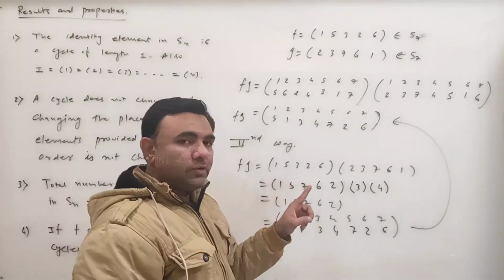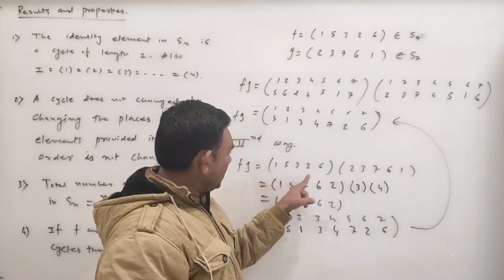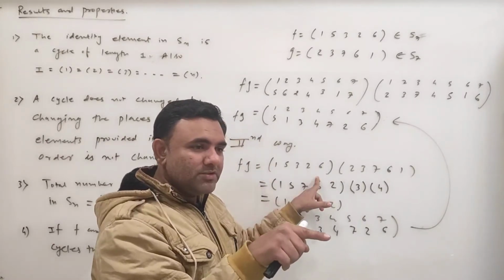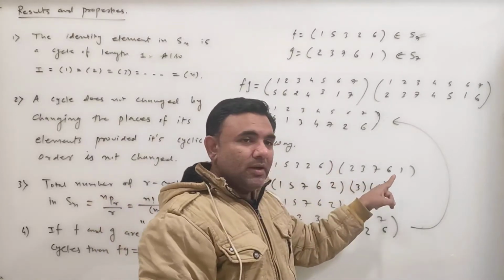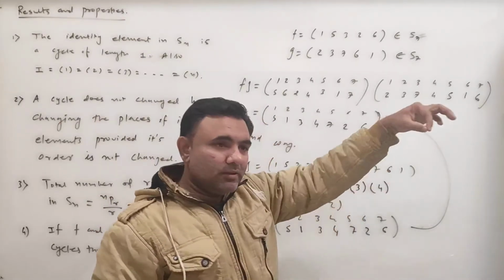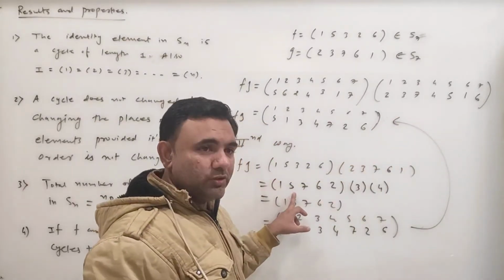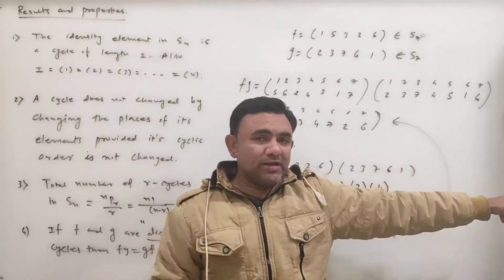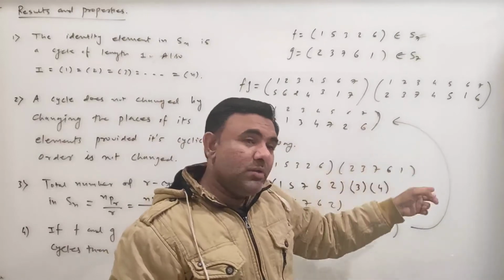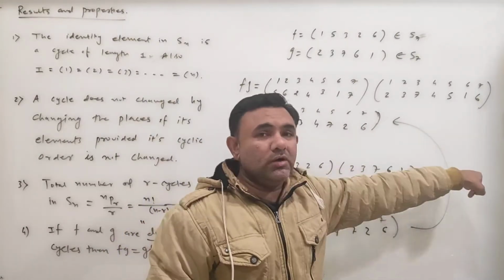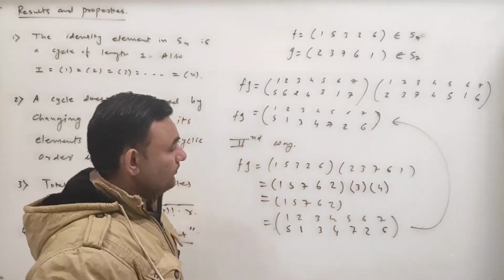And you find out the image of that in the first cycle. Whatever you get as the image, you find out the image of that image in the second cycle, and whatever the image, you write down next to it. And suppose if you have a third cycle, then you carry that image and find out the image of that image in the third one, and you can do it in this way, right?